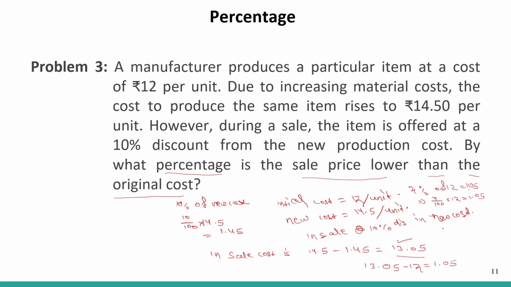If I multiply by 100, we are left with x equal to 105 by 12. Since both are divisible by 3, this will be 35 by 4, which is about 8.8.